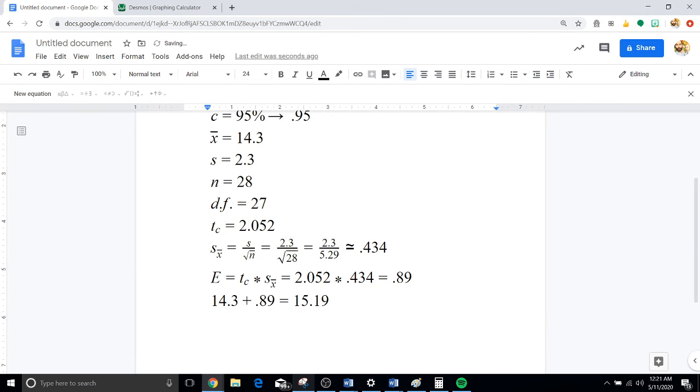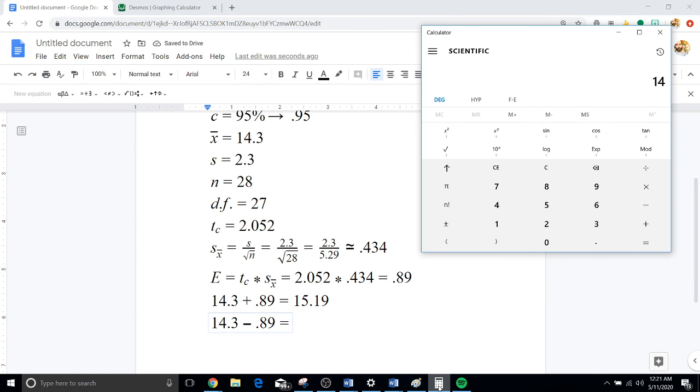We're going to do the same thing, but instead we're going to subtract, and 14.3 minus 0.89 is going to give us 13.41.